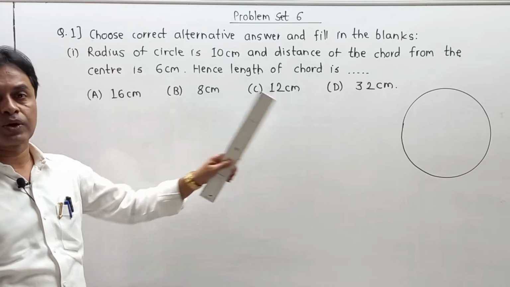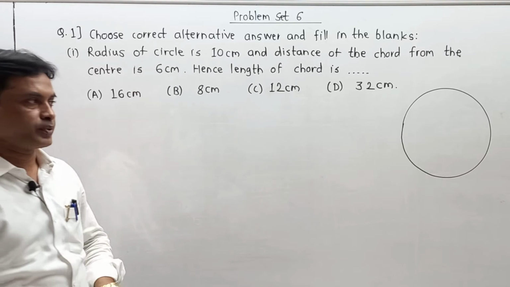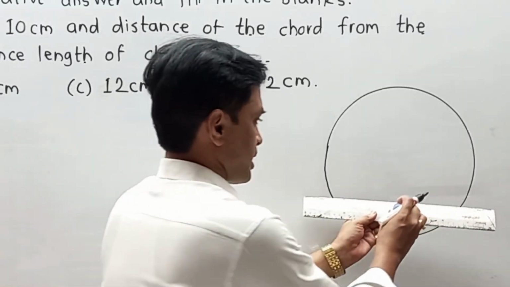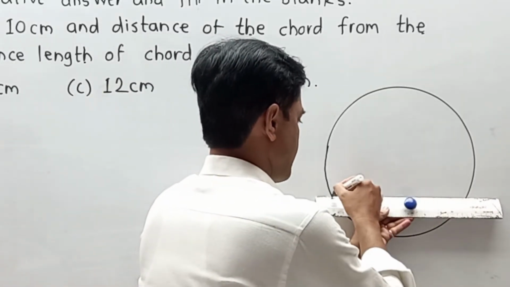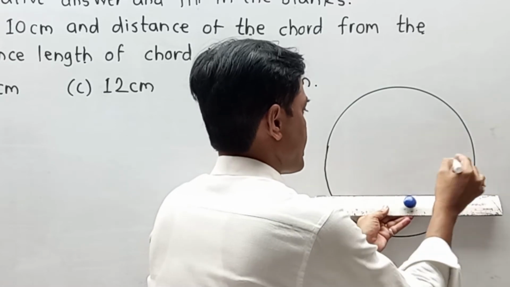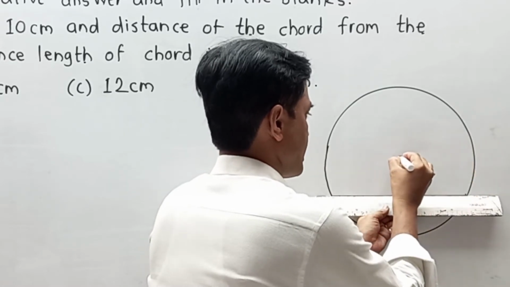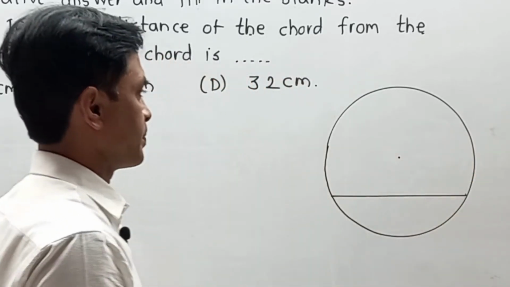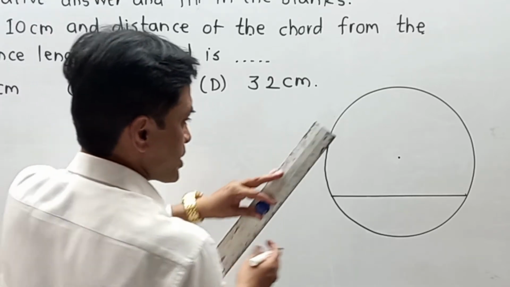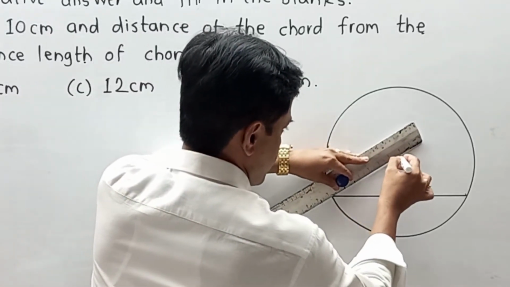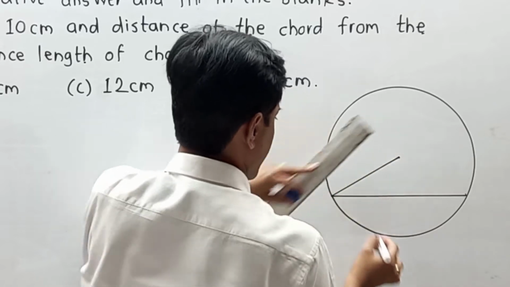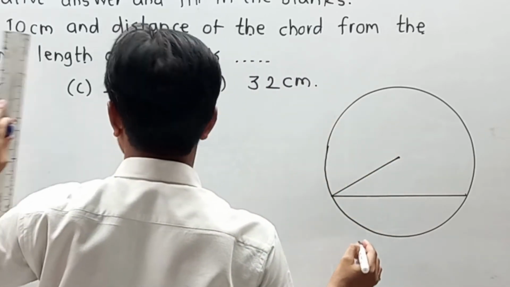Now I am going to clear this question from the diagram point of view. In the given circle, there is a particular chord and the center of the circle. As per the condition, the radius of the circle is 10 centimeter.